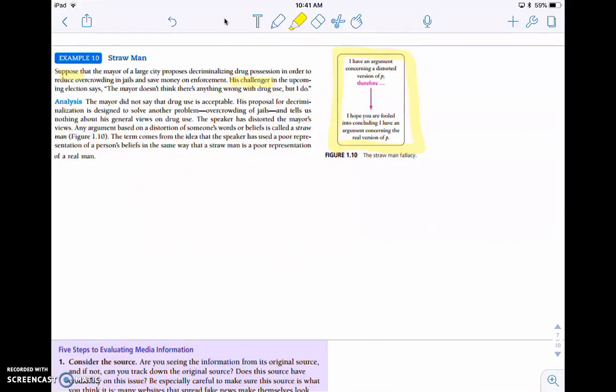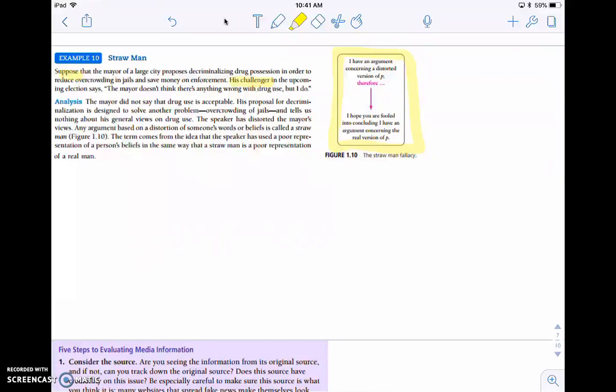In this example, the distortion is that the mayor wants to decriminalize drug possession, and the fooled conclusion is that by decriminalizing, the mayor doesn't believe that the use of drugs is bad or wrong.